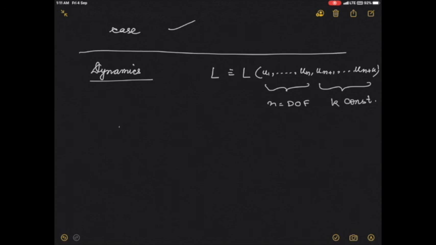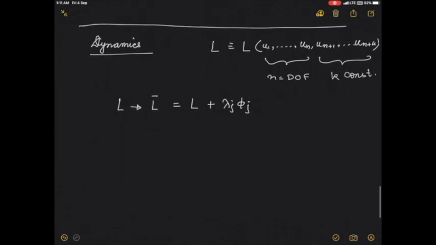So I start by defining, I change my Lagrangian to L prime, which is again nothing but L plus lambda j phi j. Okay, and I'll not work it out, but you can go through the exact same logic as we did before, and the modified Euler-Lagrange equations will be the following.